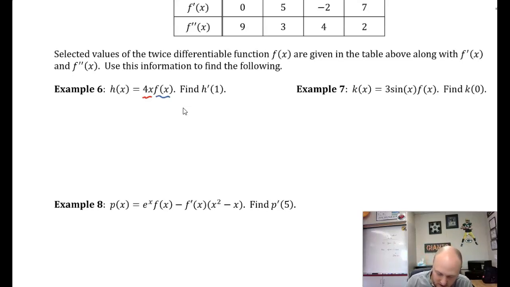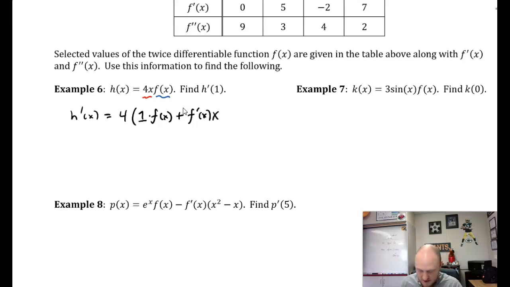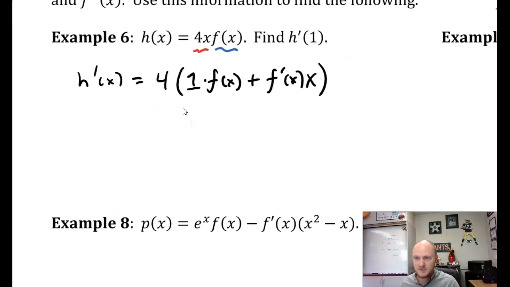Okay, so h prime of x is going to be equal to 4 times the derivative of the first, that's just 1, times the second, so we really just have f of x there, plus the derivative of the second, f prime of x, times the first, which is an x. Okay, and all of that is times 4.